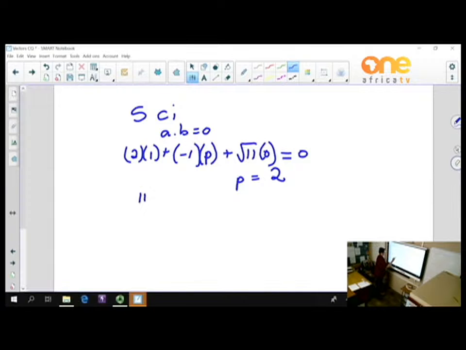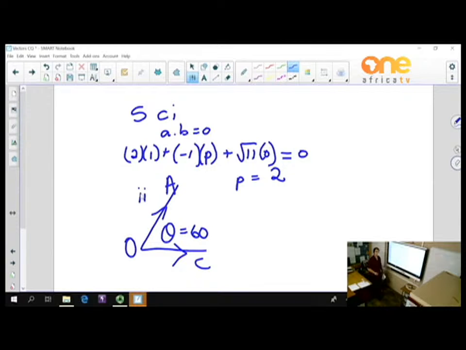So this is now C2, angle AOC. I always draw my picture, arms out, I need to find that angle. And this time they told you that this angle is 60 degrees. So we got a value for that one. Okay, so which are the two vectors that you work with? OA and OC. We work with the vectors OA and OC.